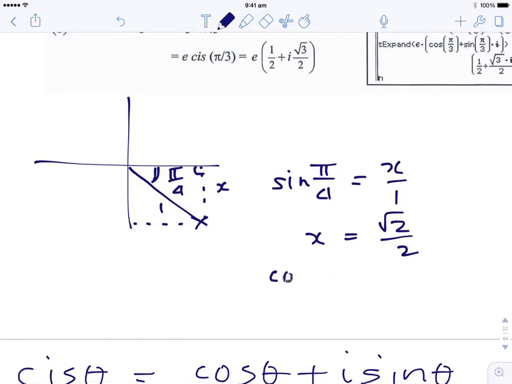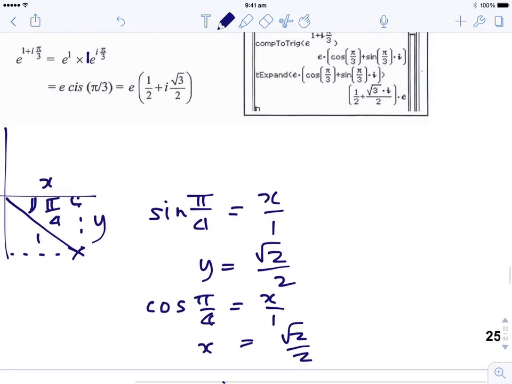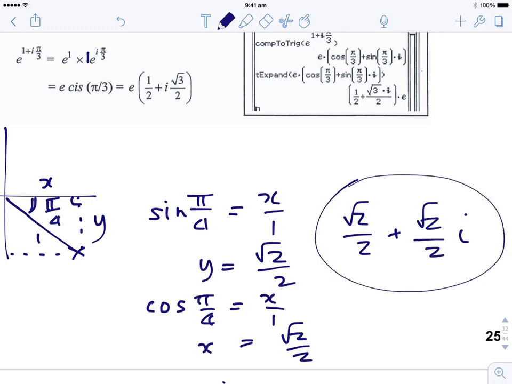And similarly, cos pi over 4 is, sorry, I should have made that y, shouldn't I? So this is the y value, beg your pardon, and that is the x value there. So cos of pi over 4 is x over 1. So again, x is √2 over 2. So we've got √2 over 2 plus √2 over 2 i. That is it in Cartesian form.